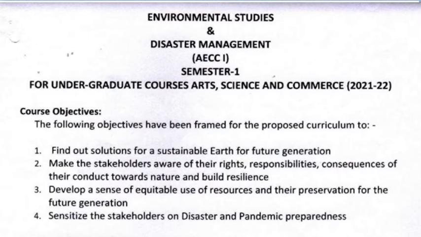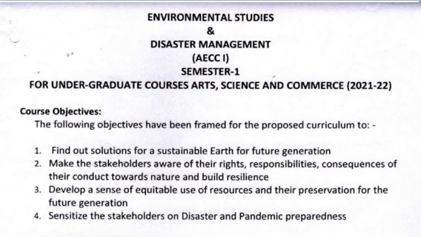So see here, this course objective, what is the objective of this paper? You are learning your core papers, meaning your honors paper, and you have your elective papers. Then what is the objective of this compulsory paper? If you learn this paper and its curriculum, it will create one solution for a sustainable earth for our future generation.